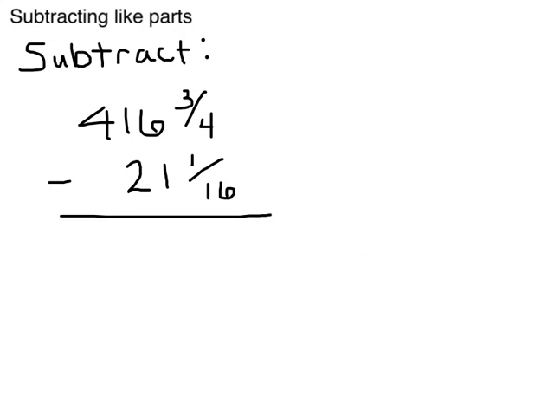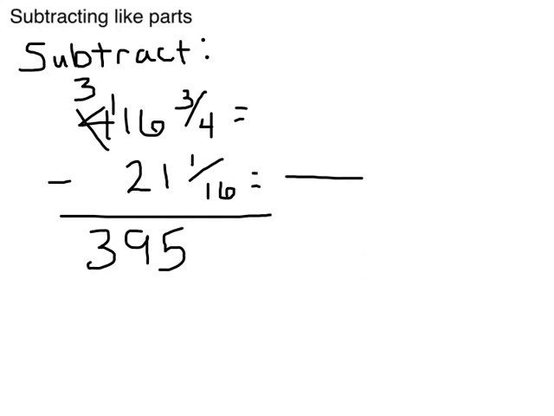Alright, this says subtract, so we're going to do our whole numbers first, especially when you have these big numbers. 6 minus 1 is 5, and we can't do this, so we're going to change that and make that 11. 11 minus 2 is 9, bring down that 3. Now I'm going to find a common denominator for 4 and 16. That's right, it's 16.